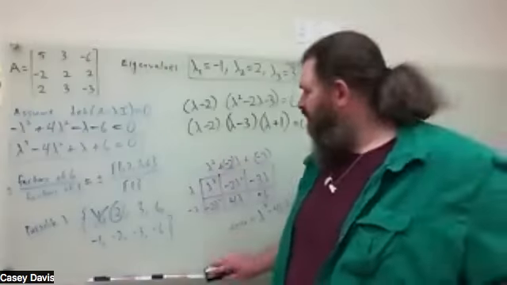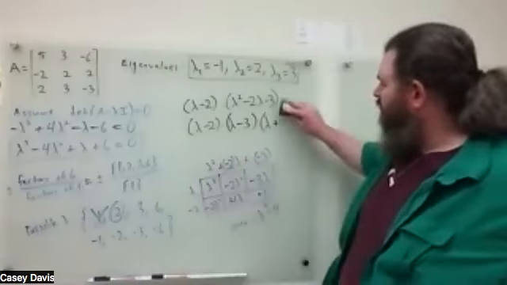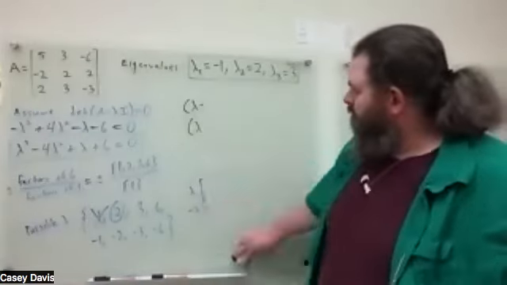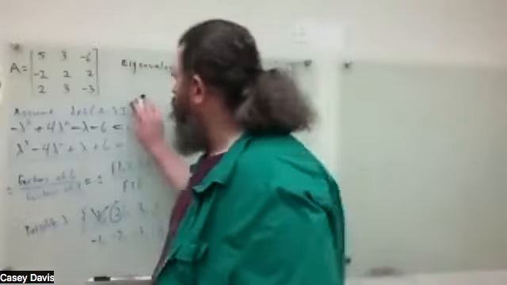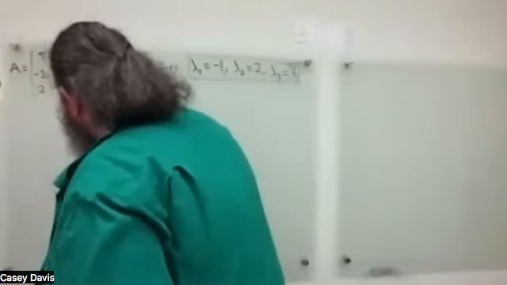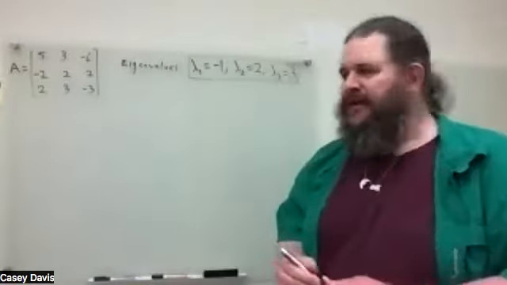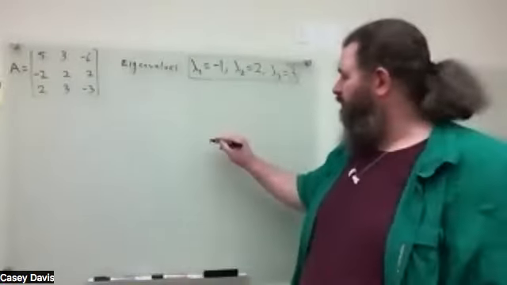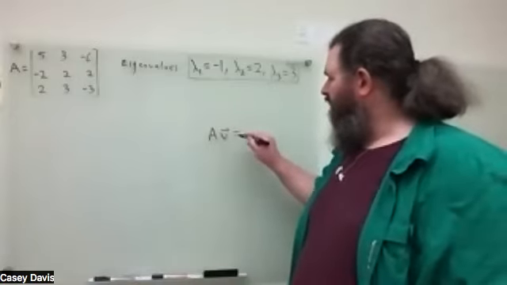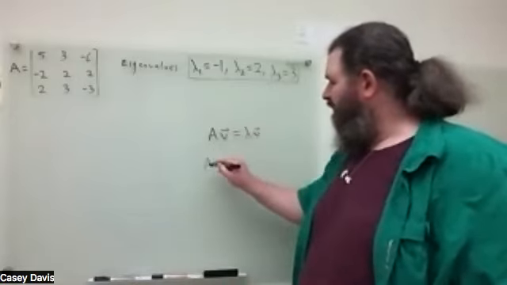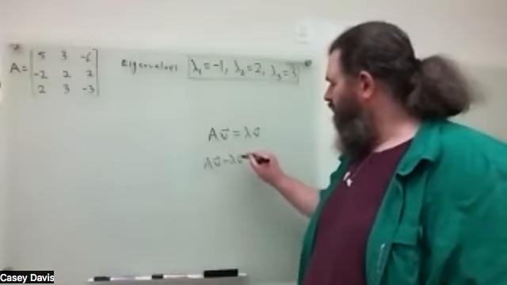All right, then let's use those eigenvalues to find the eigenvectors. And for the eigenvectors, if we take a look back at the process we used to get the characteristic quadratic in the first place, we started with AV equals lambda V. We subtracted lambda V from both sides.